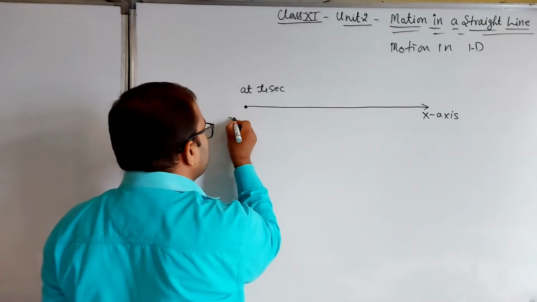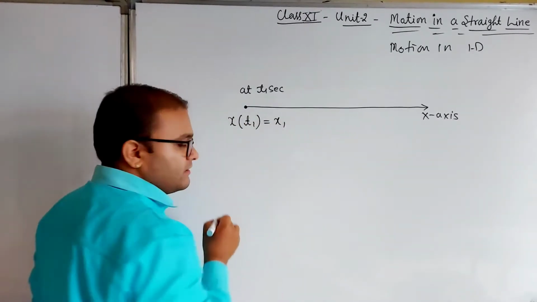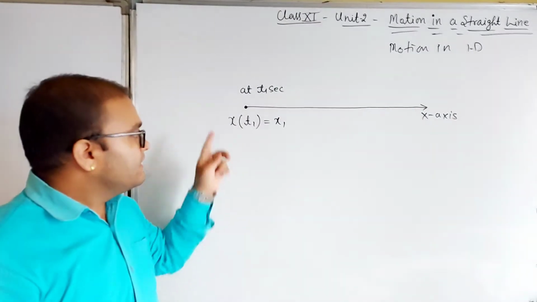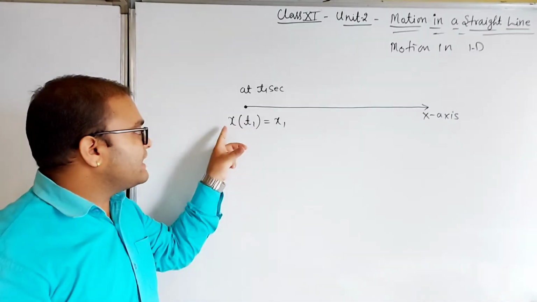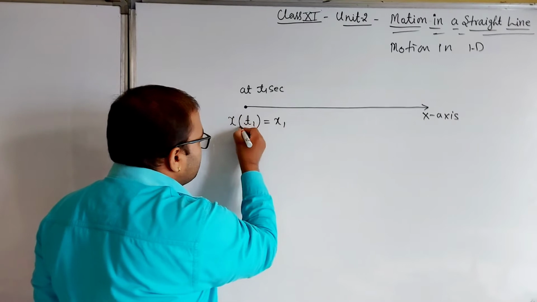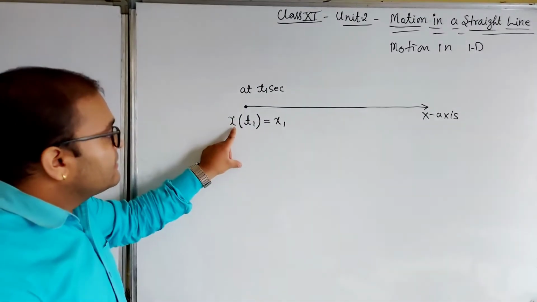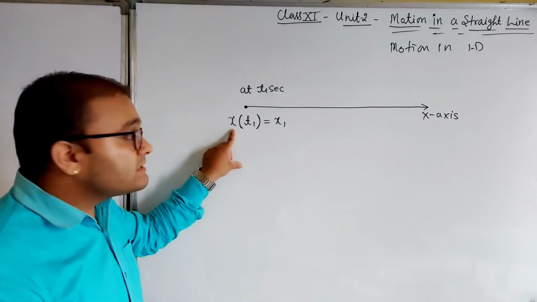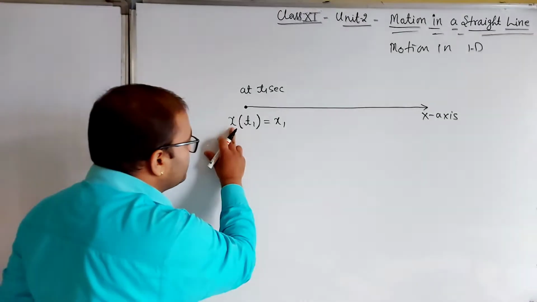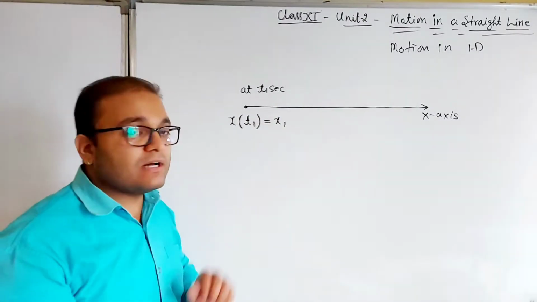We can write that as x(t1) equal to x1. What is the meaning of x(t1) here? The meaning of x(t1) is not that t1 is multiplied by x. No, this is not the meaning. x(t1) means I have written t1 in the bracket. It means the position of the object x at t1 second. That is, I can write as x1.